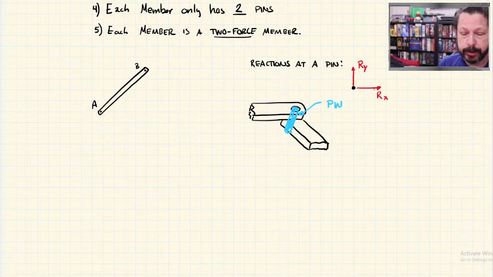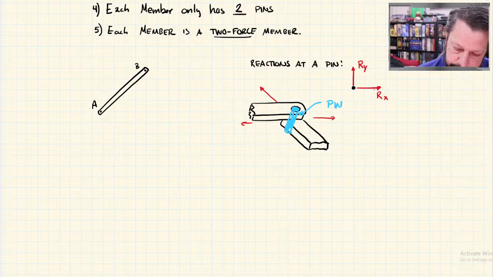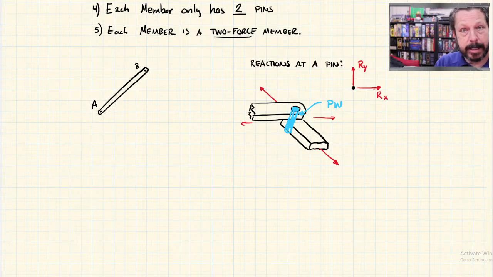In fact, that's what we're going to do with the two-force member. But they have two reactions. One keeps this joint from moving left and right, and one keeps it from moving in my Y direction, which is kind of this way, because I drew it in 3D.